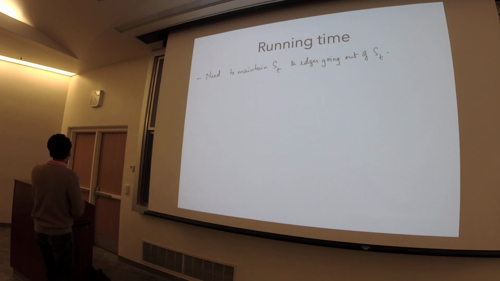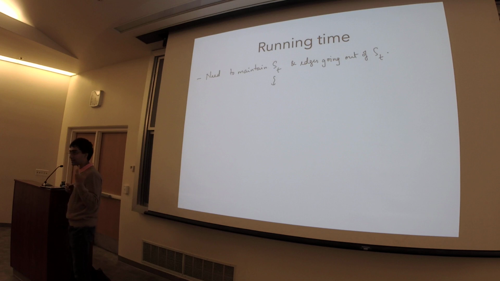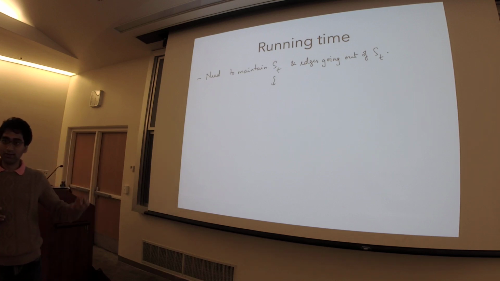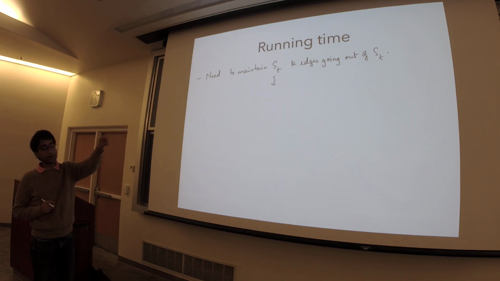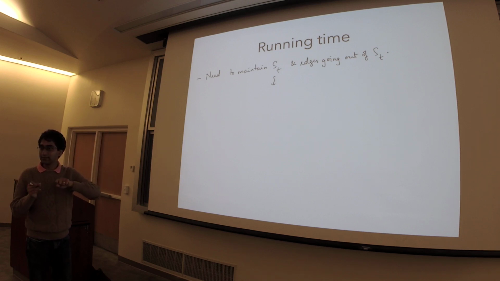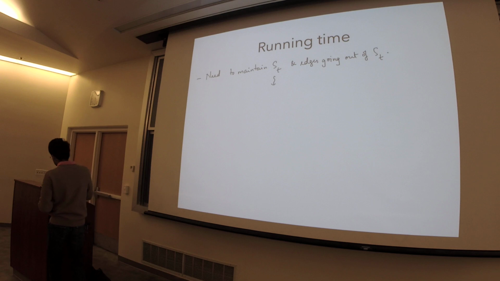And so S sub T is just a set you maintain, let's say, in some linked list. But you've also got to maintain edges going out of S sub T. And there it makes sense to use a priority queue because you want to pick the least edge. So let's decide to store this as a priority queue.